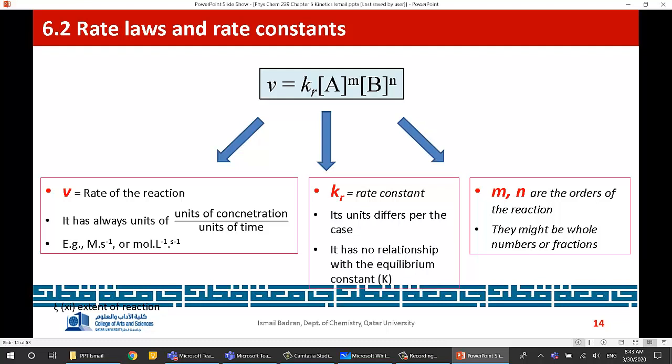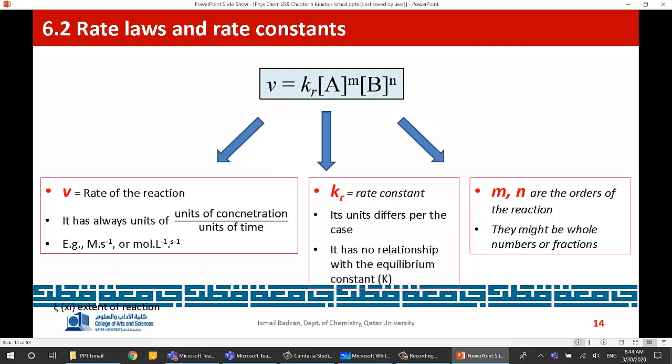Now this one has units, and its units differ between first order and second order. And this Kr has no relationship with the equilibrium constant K. I made this as a note here, because I know that students, when they move on in the course and come close to the final exam, start mixing things up. They start mixing the idea of the rate constant Kr with the equilibrium constant. They have no relationship between each other.